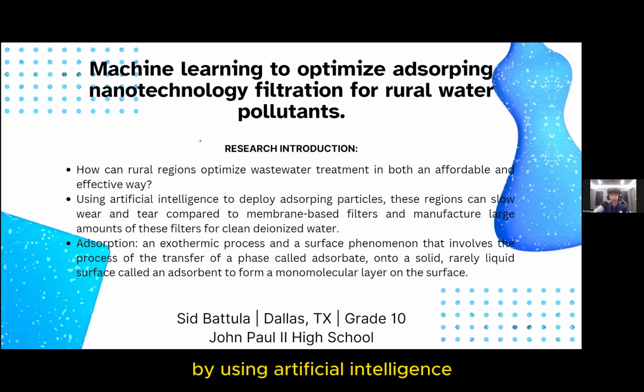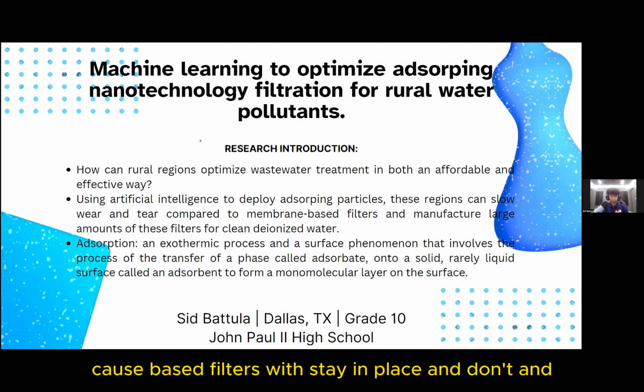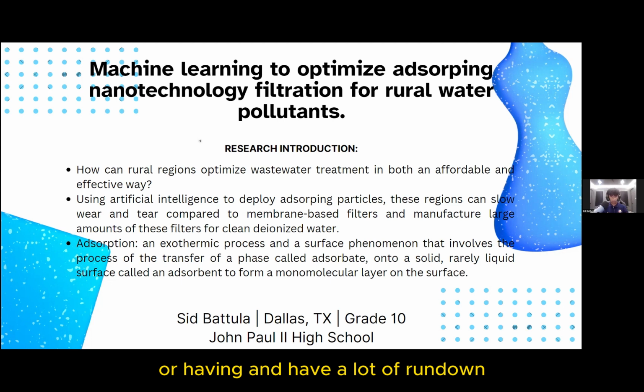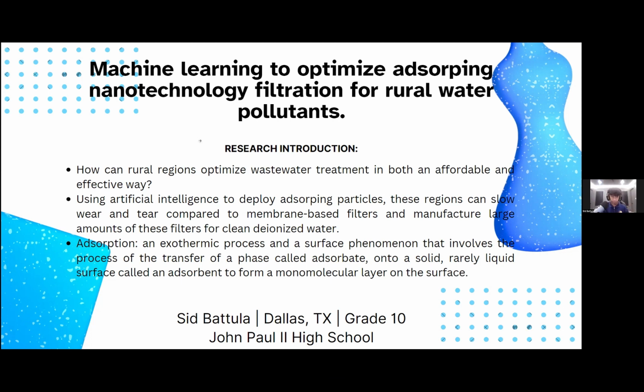By using artificial intelligence to deploy adsorbing particles, these regions can slow the wear and tear on the filters, rather than using membrane-based filters which stay in place and have a lot of rundown and residue built up on those filters, rather than manufacturing large amounts of filters.